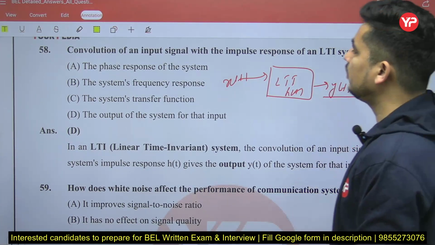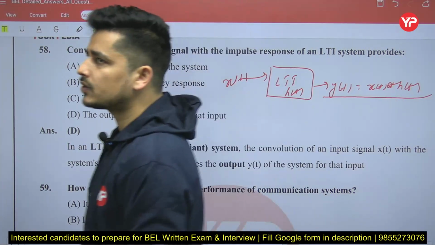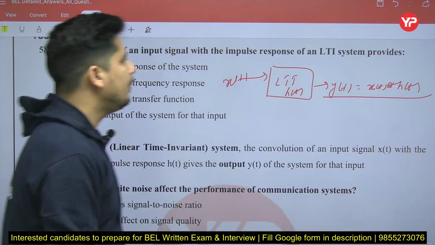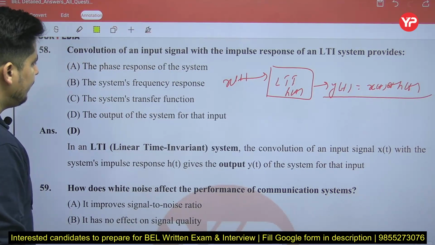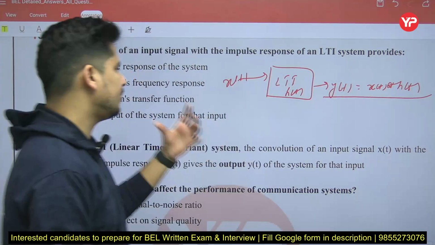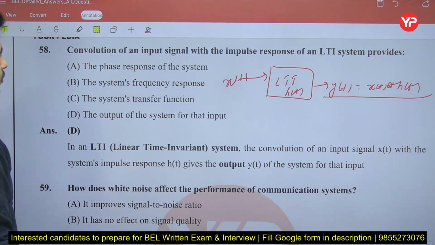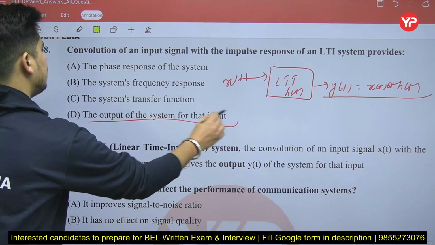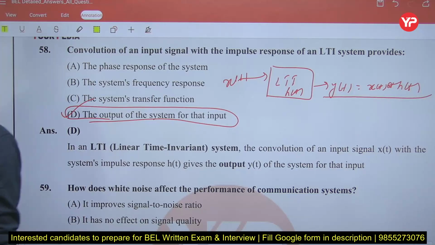So output of the LTI system is always equal to the convolution of input and the impulse response. So what will be the answer? The convolution of input signal and the impulse response of the system will be the output of the system. So the answer will be D.